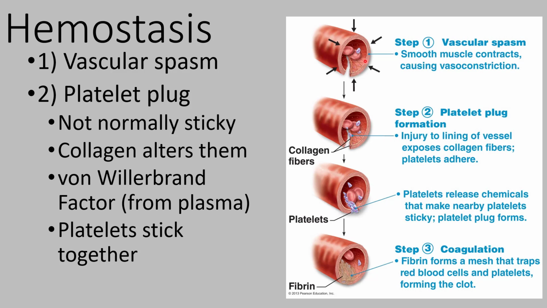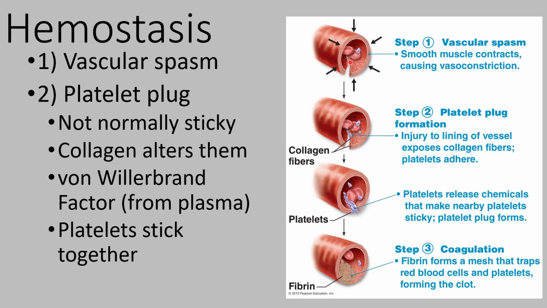So here we have this blood vessel that's got a cut in it, and now that smooth muscle starts to contract. We call this a vascular spasm. If this blood vessel contracts the way these arrows are pointing, it squeezes in from all sides, so it's going to get a smaller diameter. That's good because that lets less blood through, so we lose less blood.